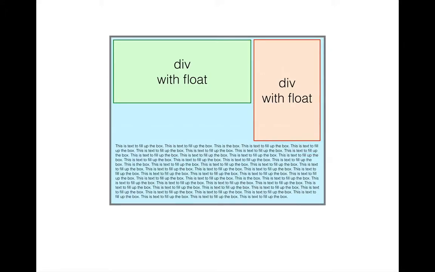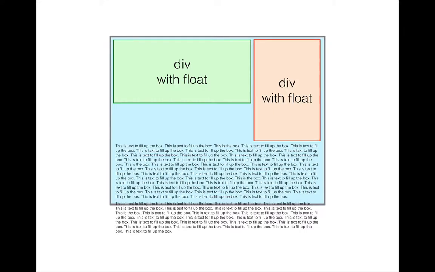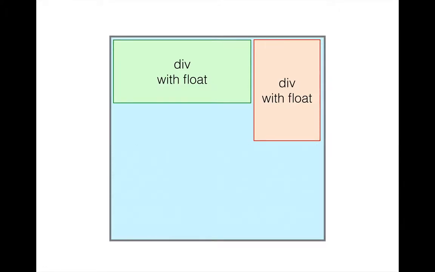If you add more text, then the blue div, the container, is going to increase in size so that it will surround all of that content. The more text you add, the bigger the blue box will become. That's how block elements work. They increase in size if you put more content in them.